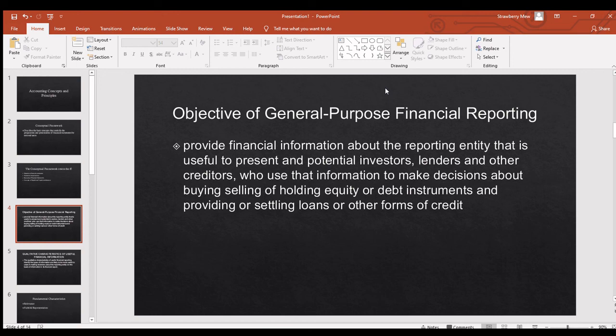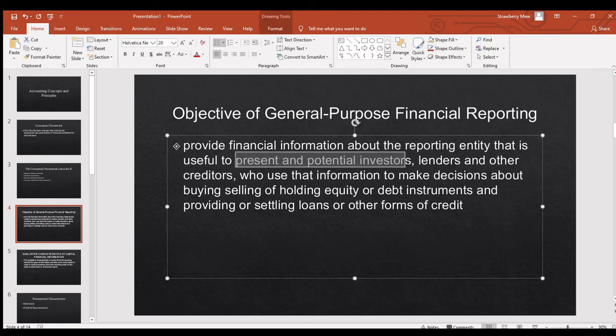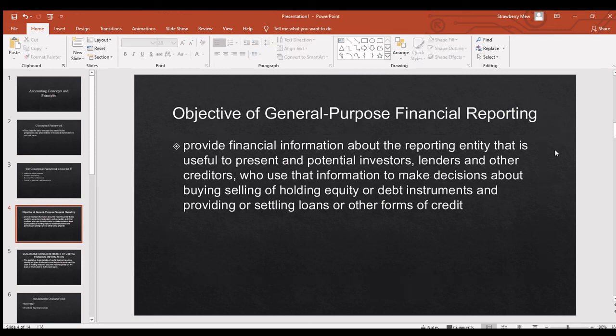Okay, so who are these primary users? It is the present and potential investors and the lenders and creditors. Okay, so these are the primary users. So the primary users use this information in order to make decisions.